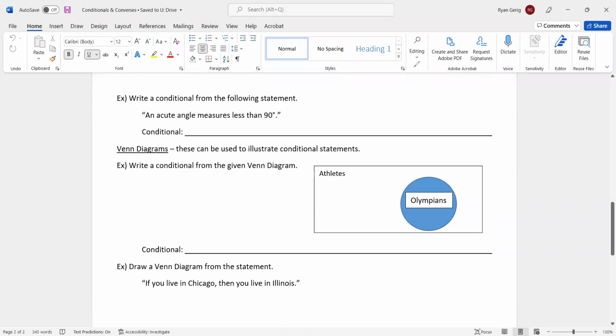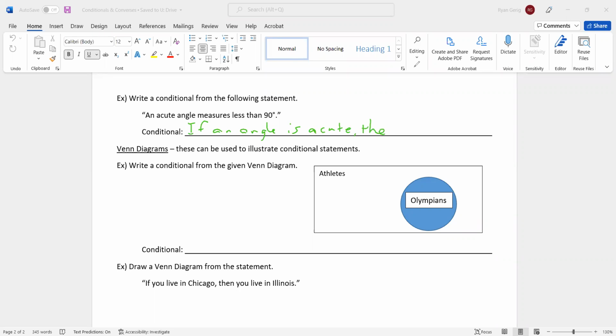Writing a conditional from a statement. So this is not written in if-then form. We're going to change it to if-then form. This is: an acute angle measures less than 90 degrees. So we have an acute angle. If an angle is acute, then what can I say about it?